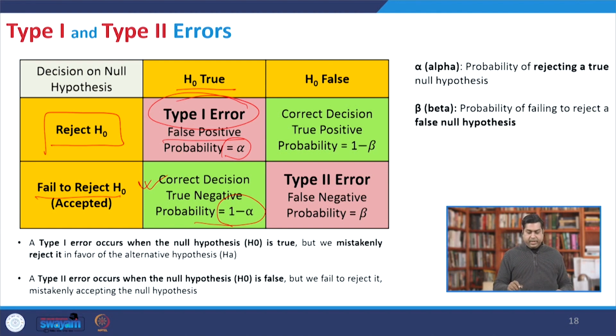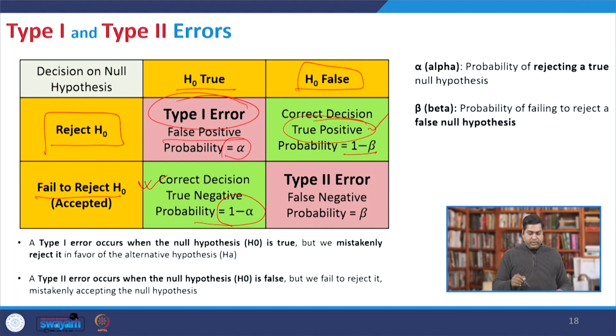But in some cases you will find that the null hypothesis is actually false, and because it is false and you reject it, you are making a correct decision. There is no logic to accept it. That is also a correct decision, measured with probability 1 minus beta, and it is the true positive.